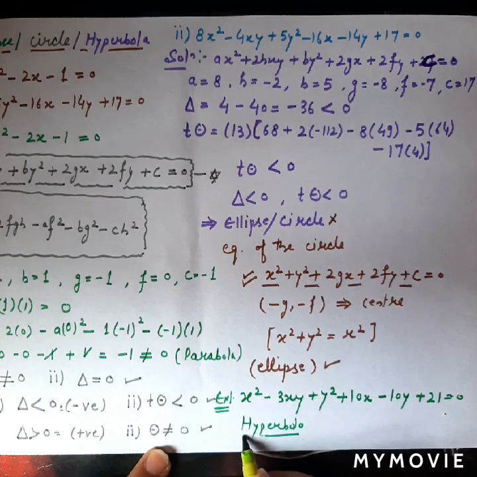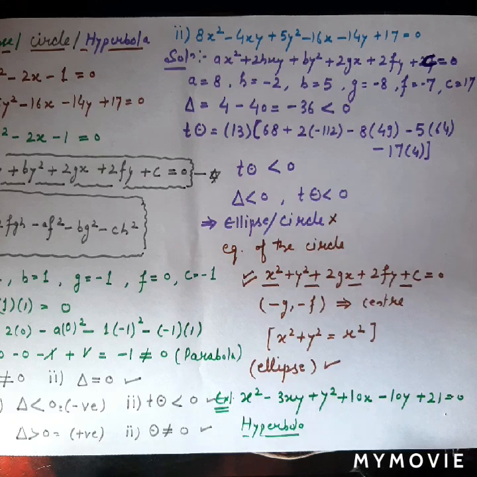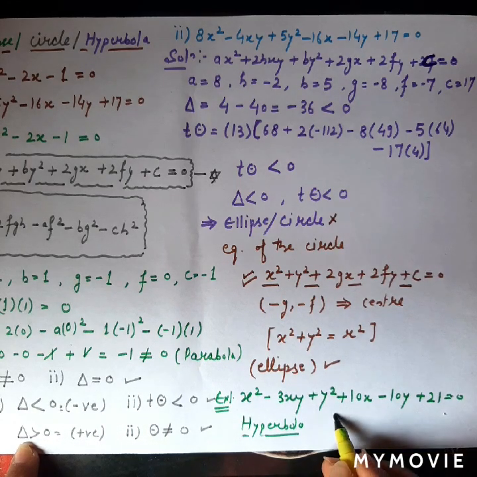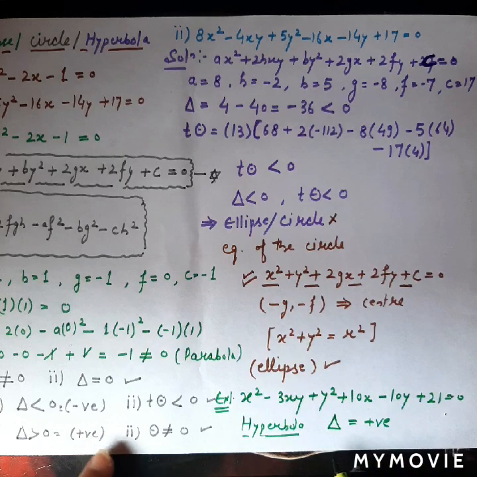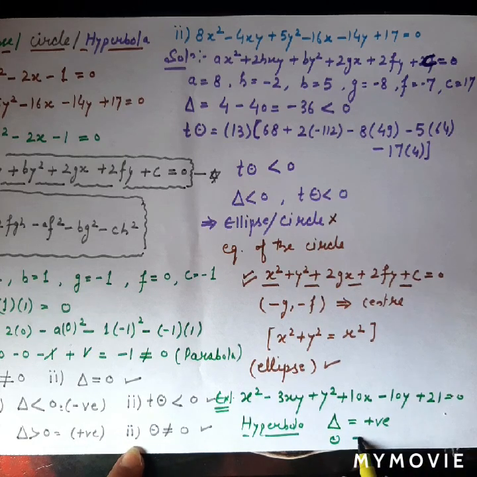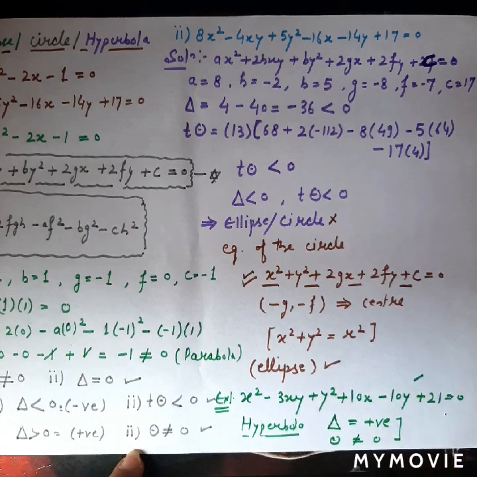For an equation to be an equation of a hyperbola, we will see that the value of delta should be positive, meaning greater than 0, and the value of phi should not be equal to 0. If these two conditions are satisfied for this equation, we will say that yes, this is an equation of a hyperbola.